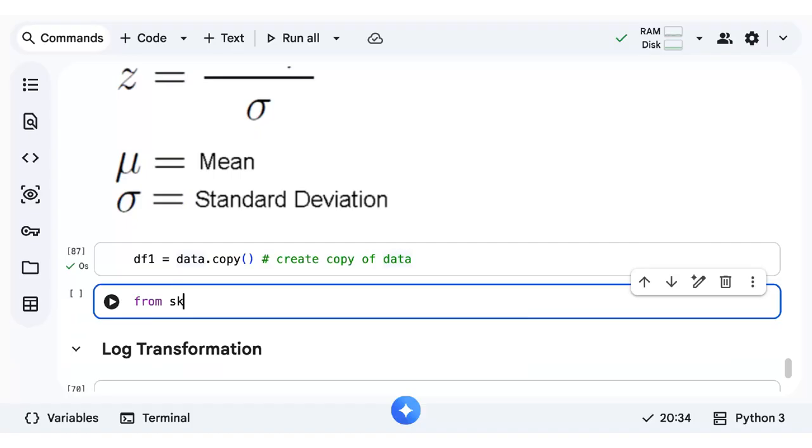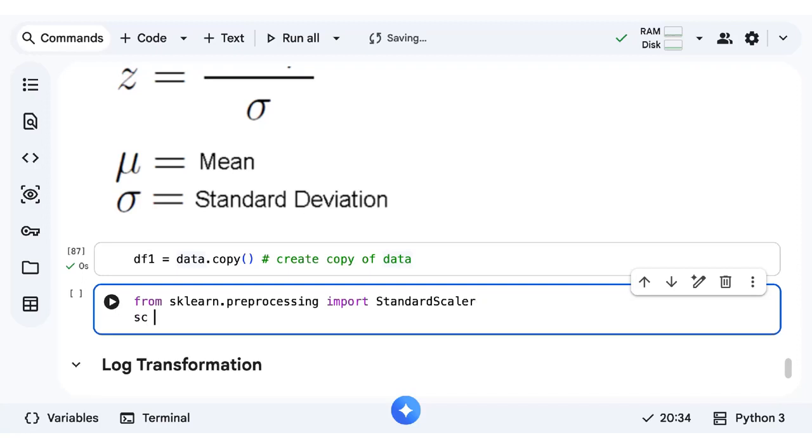So from sklearn.preprocessing, let's import StandardScaler. Again, everything is available in sklearn. And then you have to initialize your model.